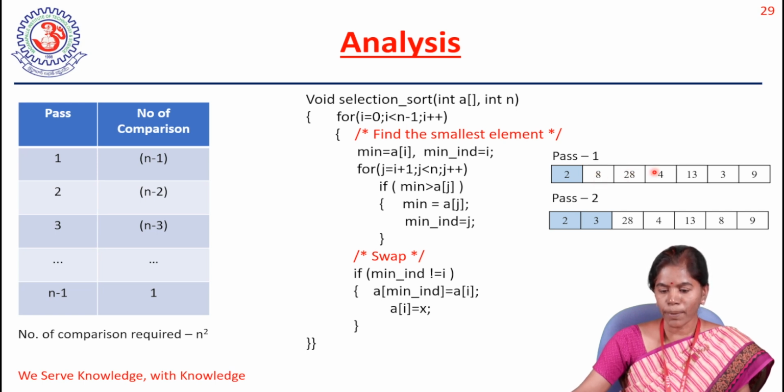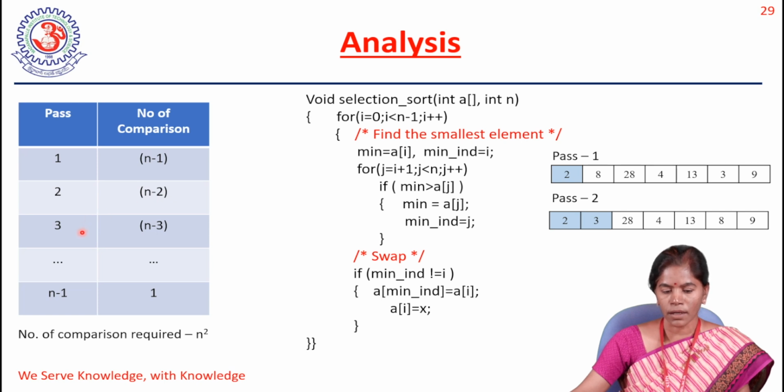It will be compared with the remaining elements to find the smallest element. So 8 is compared with all the other elements and we found that 3 is the smallest element, and 3 comes into the sorted portion here. So in the second pass, to find the smallest element, we have to do n minus 2 comparisons.